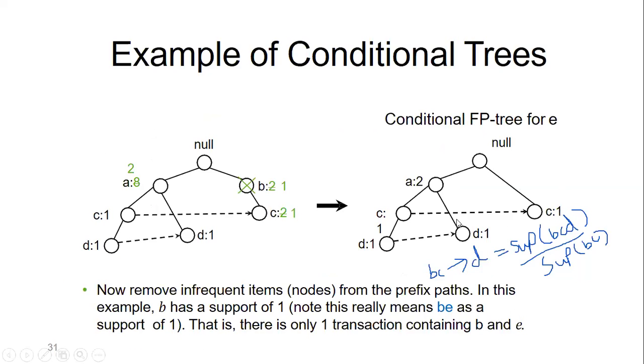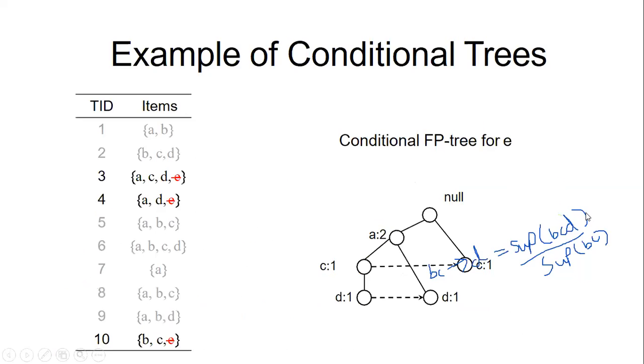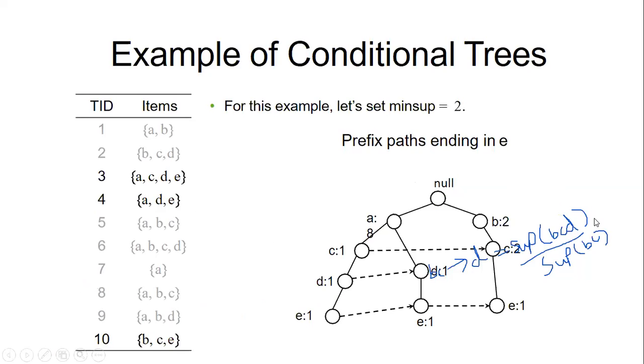So it is 2 divided by 4, which is 0.5, into 100, that means 50%.